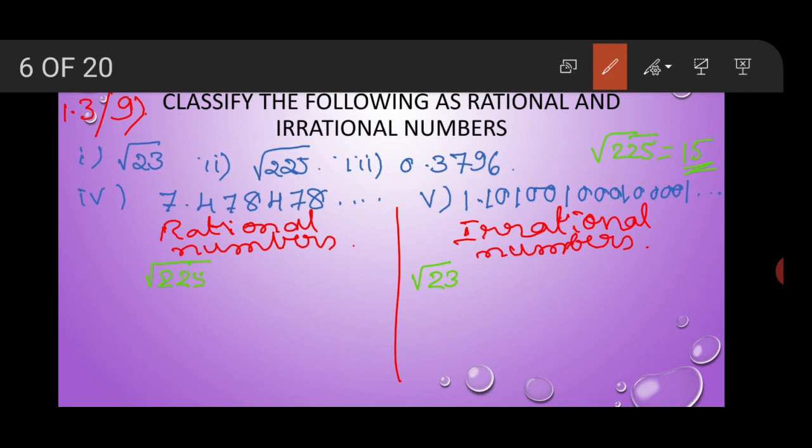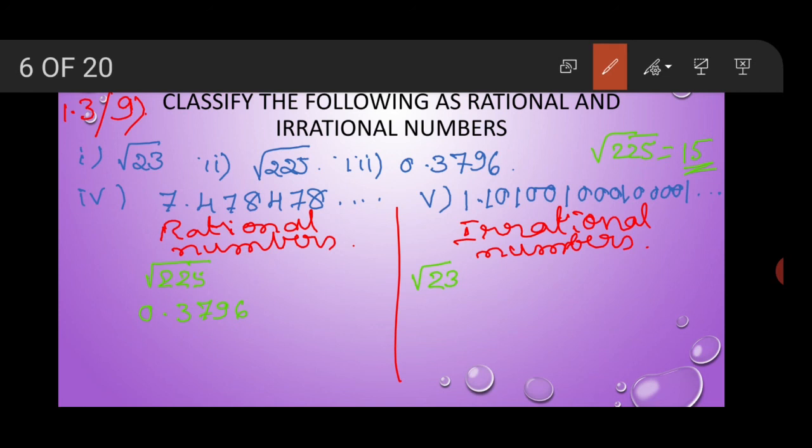Then number 3, 0.3796. This is a terminating decimal. It has a terminating decimal expansion, so it should be a rational number. Therefore, write 0.3796 under rational numbers. Next, the fourth one, 7.478478 on and on. Is it terminating?